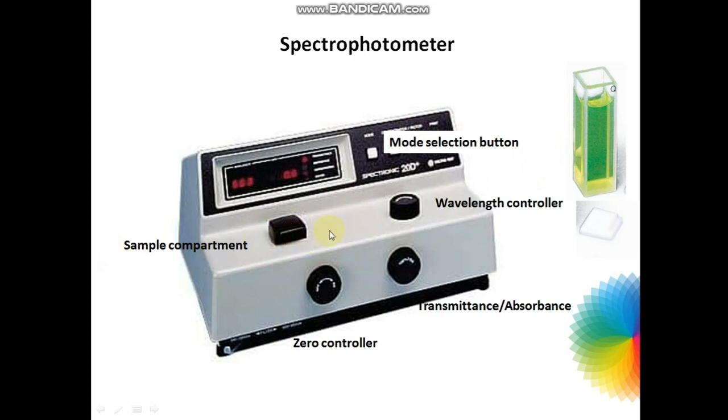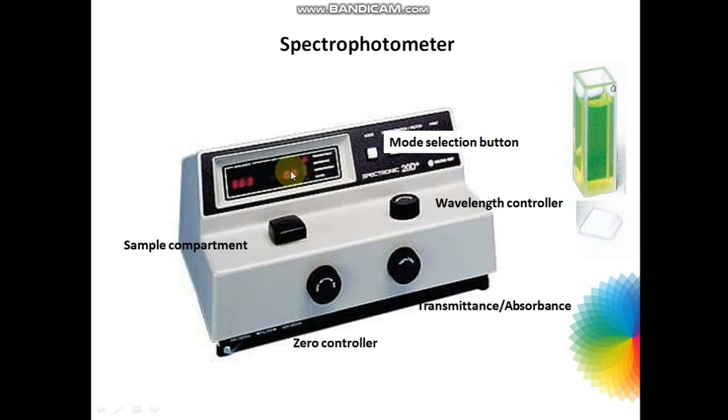So there is the sample compartment, and then the zero controller knob, transmittance and absorbance controller knob, and wavelength controller knobs are here. And at the top right hand side, the mode selection button, which will be pressed to select the mode. There will be an LED light indication here to select the mode, whether you want to see transmittance, or absorbance to be displayed, or the concentration value or any factor value.